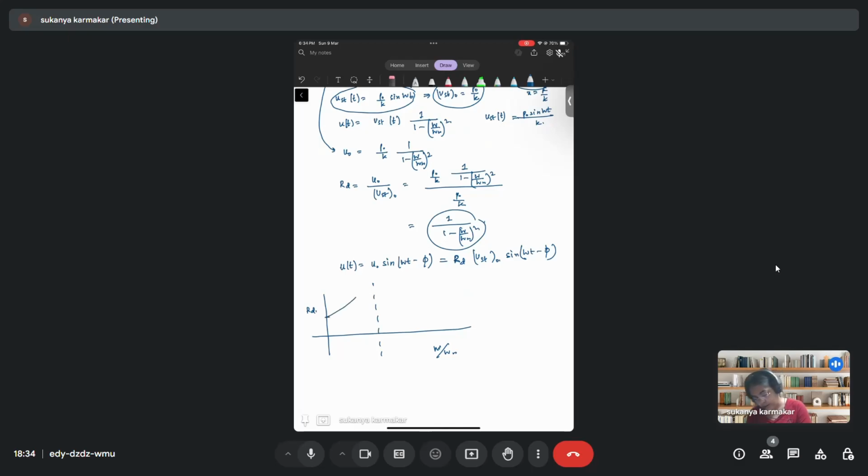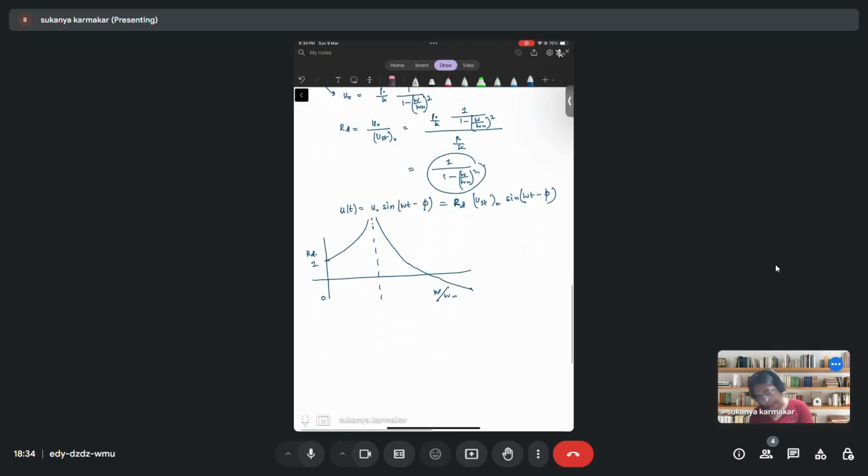So on the left hand side, the graph is like this. When omega by omega n is a very large number, then it will approach 0. And when omega by omega n is just greater than 1, then also it is infinity. So on this side your plot is something like this, right?